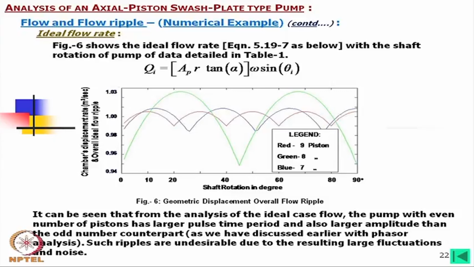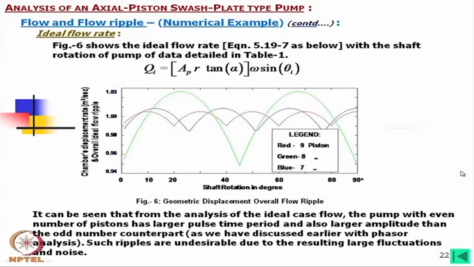Displacement, we have not mentioned the diameter of the pistons. So, therefore, what we have considered is the average flow is same, considering that for 9 piston you can see what are the ripple, and for 7 pistons this one is the 7 piston, the blue one, but as you see for the 8 piston it is increasing.